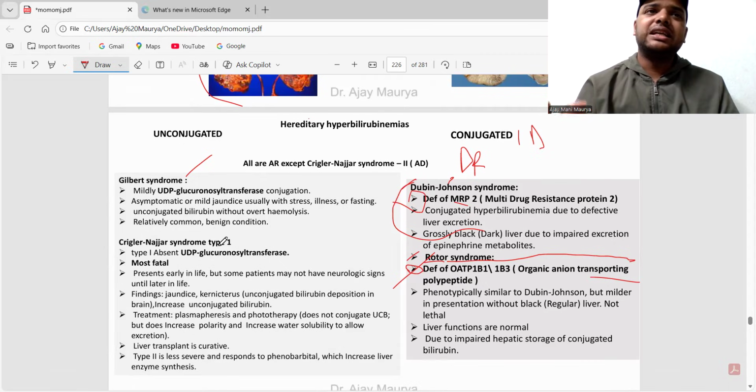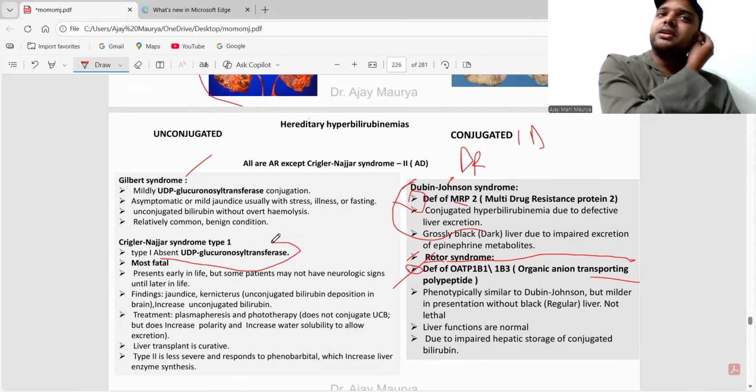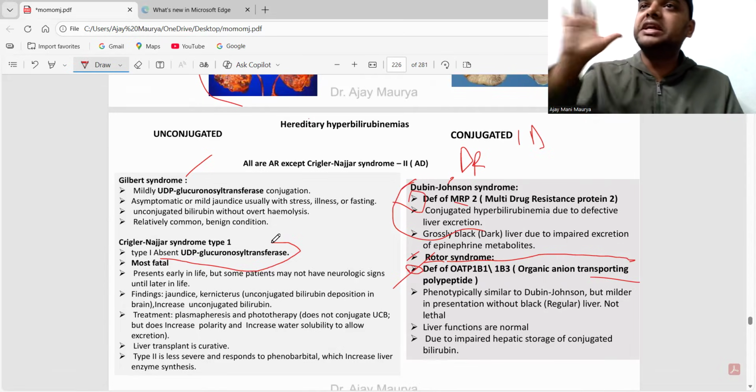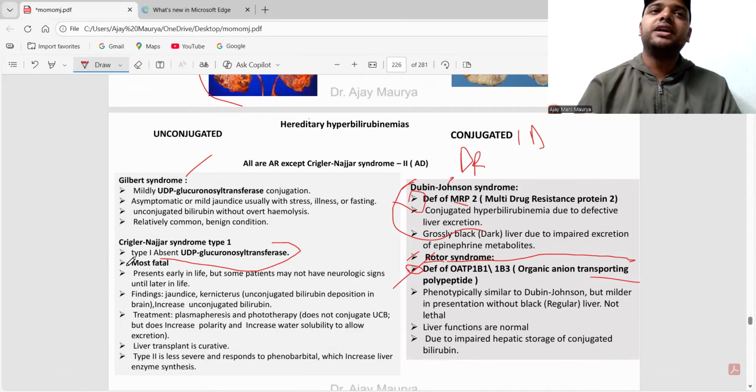Remember, in Crigler-Najjar type 1, there is a complete absence of UDP glucuronide transferase. It is completely absent. That's why it is the most fatal.